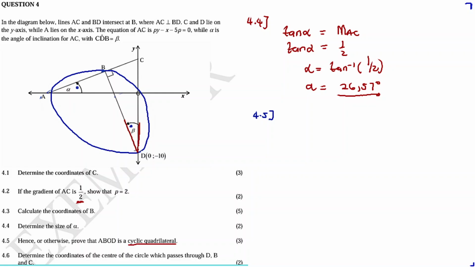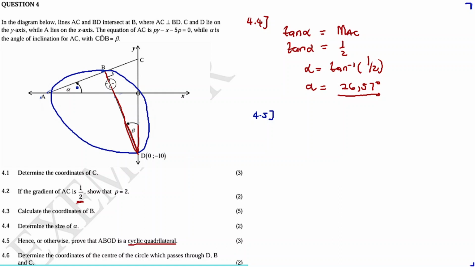Angle beta is not an angle of inclination. So you may be tempted to take the gradient of BD, find its equation, and use that to calculate beta, then compare alpha and beta.